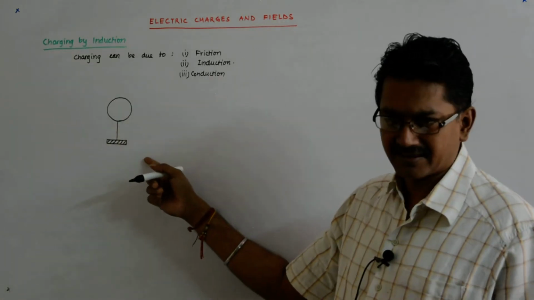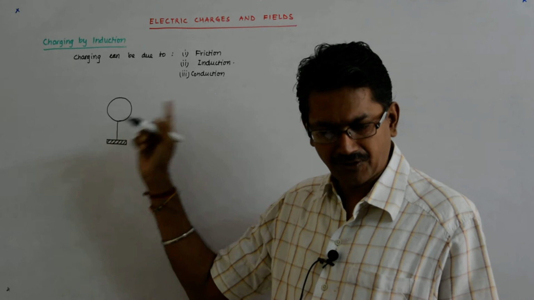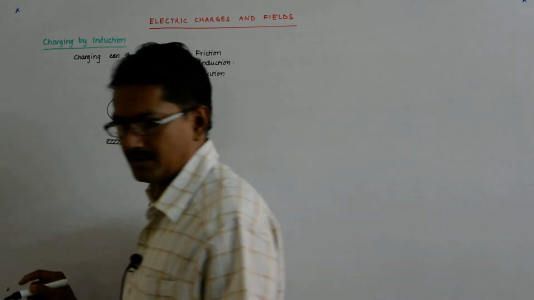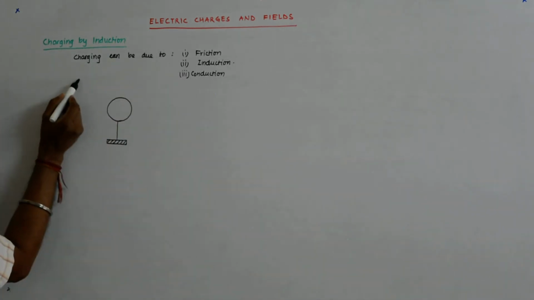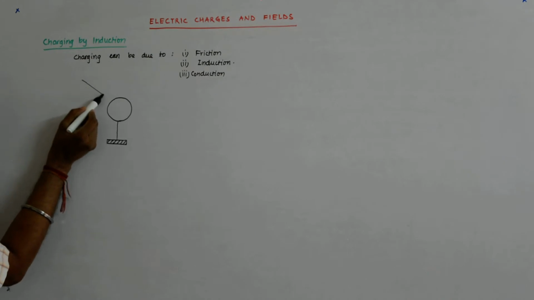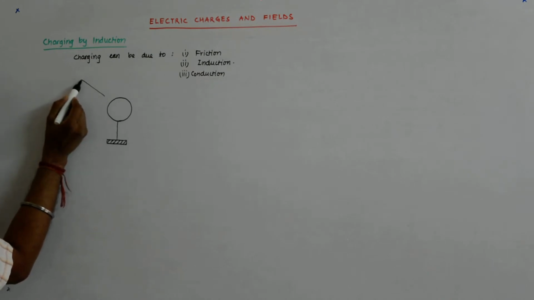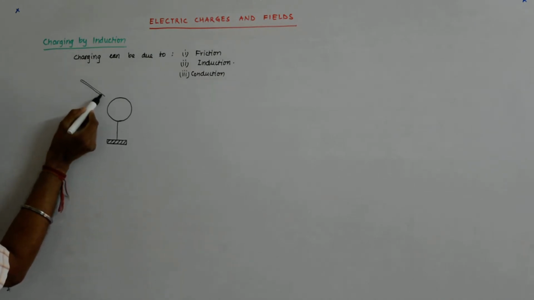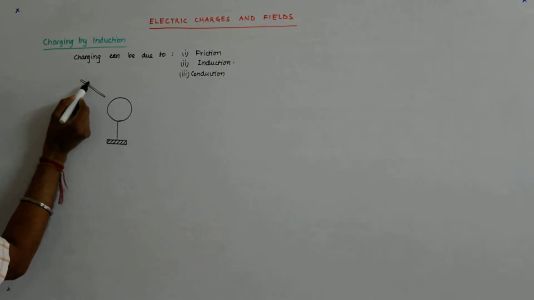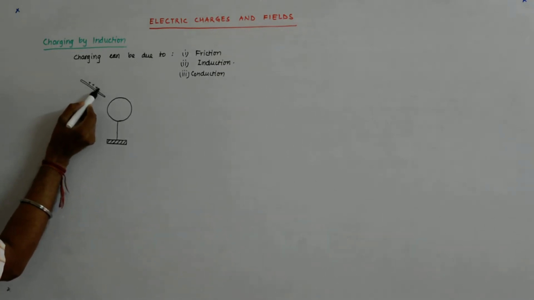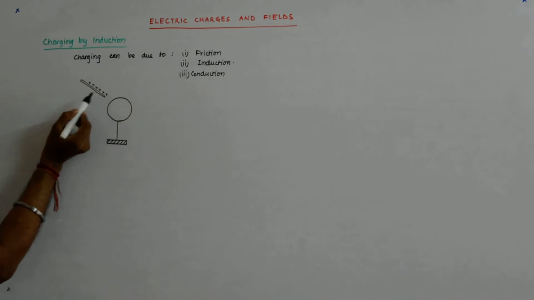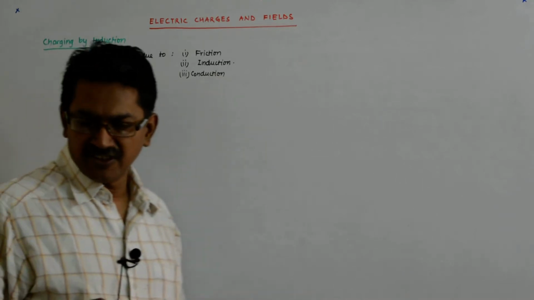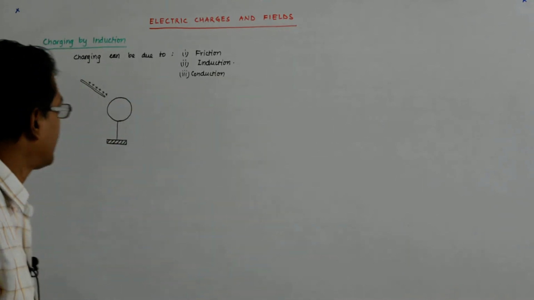This is an insulated stand. This sphere is made up of metal. Close to it, I bring a rod which is positively charged. It could be the same glass rod that had been rubbed with silk cloth, right?